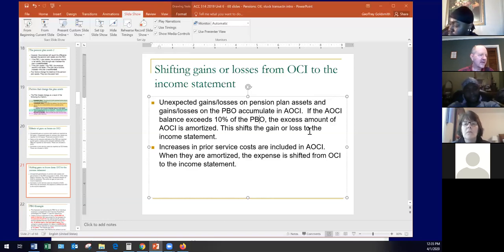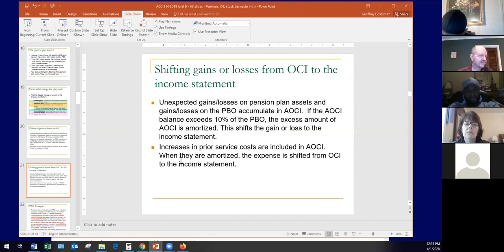That shifts the gain or loss out of other comprehensive income, and they record a gain or loss on the income statement. Prior service cost increases are included in AOCI, but they are automatically amortized and are not part of this 10% criteria.